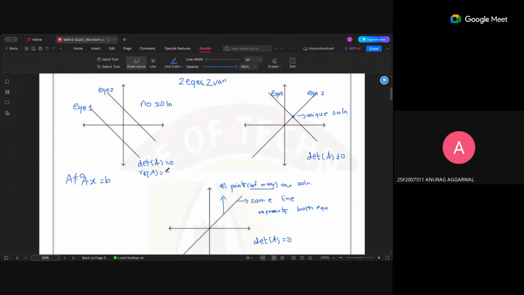Yeah, it has to be actually 1 because A is non-zero, or you can simply write less than 2. Rank of A is strictly less than 2, since the size is 2, that is the usual case.